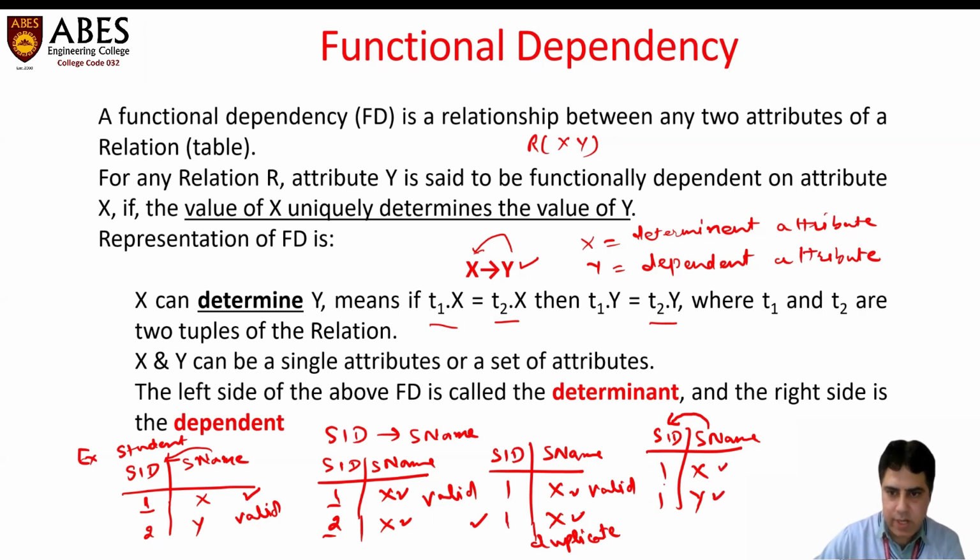Both are different names, different students, but the student ID is 1. This is impossible, so this entry is invalid. So we need to check this functional dependency, X determines Y, or SID determines SName, from the table or from the tuples.